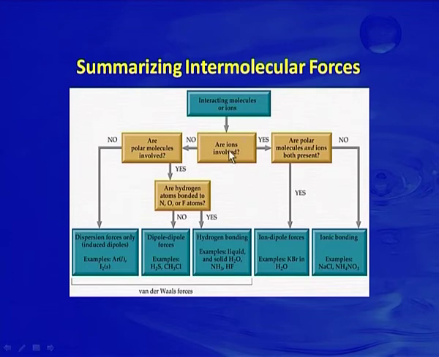If only ions are involved, are polar molecules and ions both present? If yes, then ion-dipole forces, example KBr in H2O. If polar molecules and ions are not both present, then ionic bonding, example NaCl, NH4NO3.